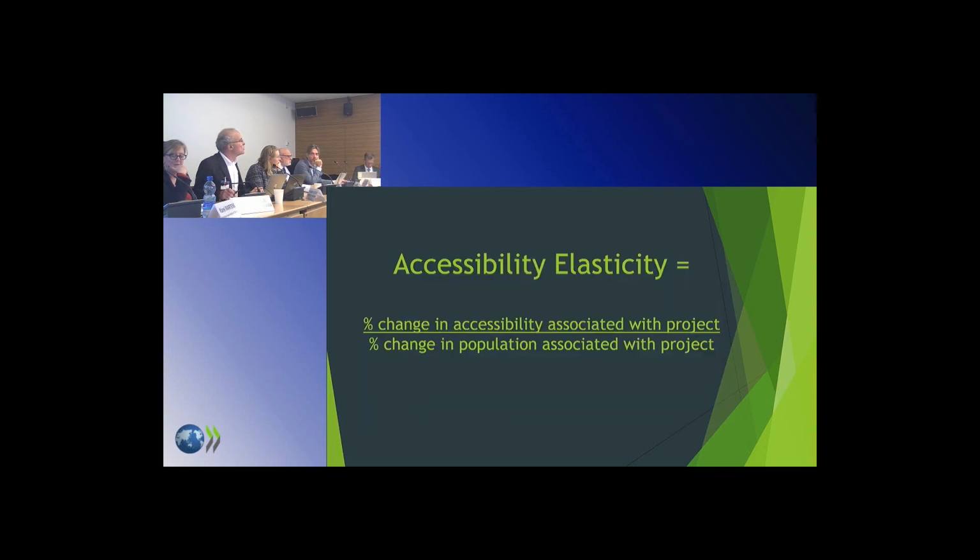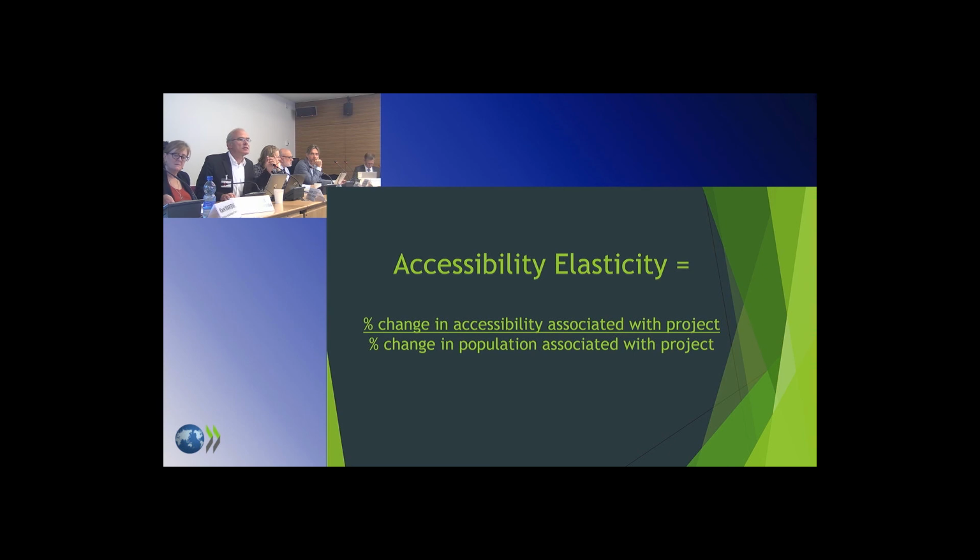We attempted to address these problems with a metric we call accessibility elasticity, and that is the percent change in accessibility associated with the project over the percent change in population associated with the project. So you can see now that the drop in the bucket problem is no longer a problem because we're normalizing to the amount of population.